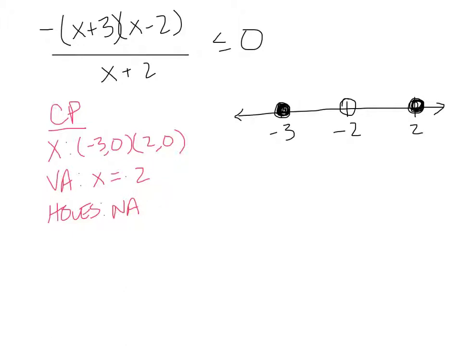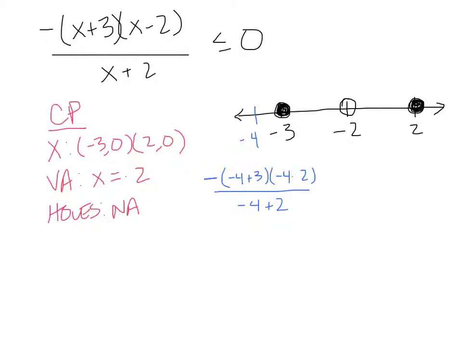So we have 4 intervals that we need to evaluate our function for. Let's go ahead and start with the one on the left. I'm going to say negative 4. So I'm going to have negative 4 plus 3 times negative 4 minus 2 over negative 4 plus 2. Remember how I used only signs in that other example?